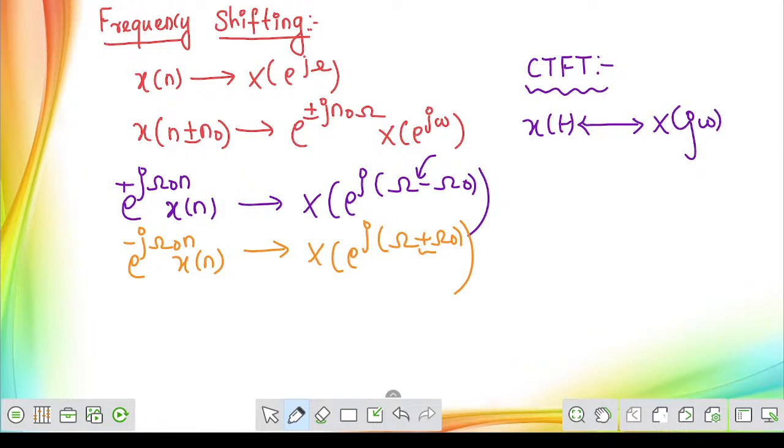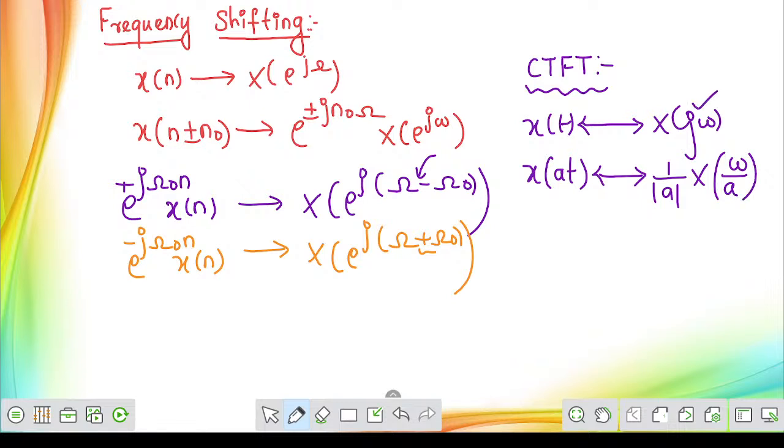Suppose I have a signal x of t scaled by a factor of a t, then how will you write its corresponding continuous time Fourier transform? In the frequency domain, it should be written as 1 upon mod a into X of, in brackets, omega by a. Correct?